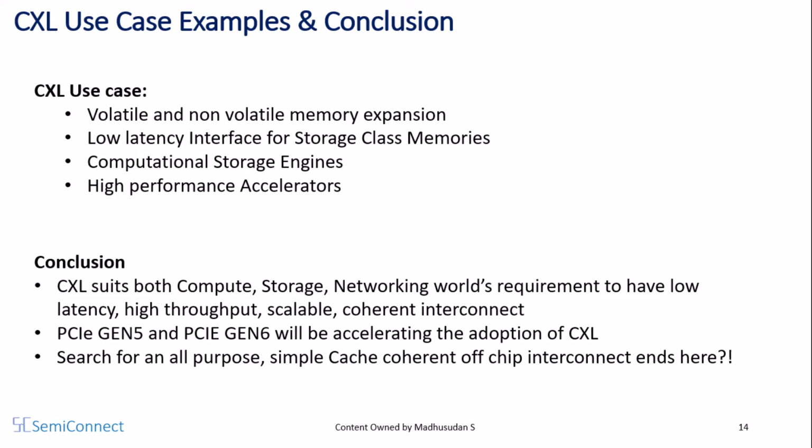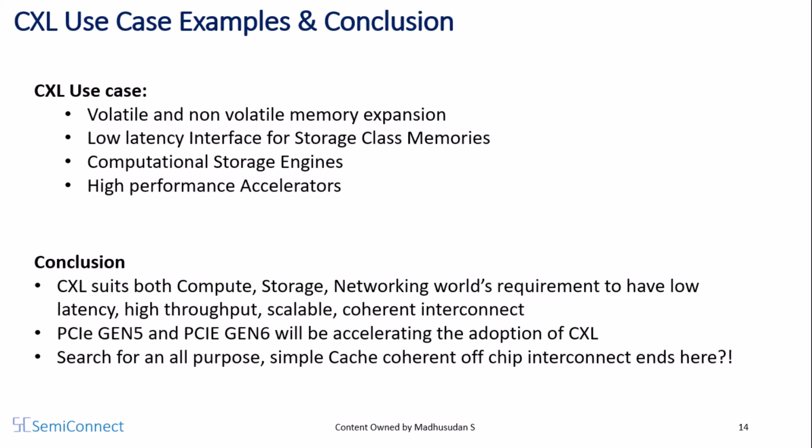Whereas for, let's say, the new kind of accelerators that we are talking about, you will need memory semantics, right, which are also coherent in nature. So that is supported by CXL. So it kind of satisfies all the needs of compute, storage, and networking. Right? That's how I see it.